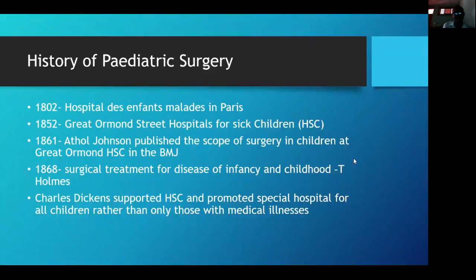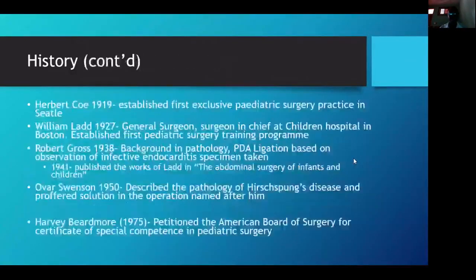And some people have published the scope of surgery in the Great Ormond Hospital for Sick Children in the British Medical Journal. That's one after, and then T. Holmes also did something similar in 1868.